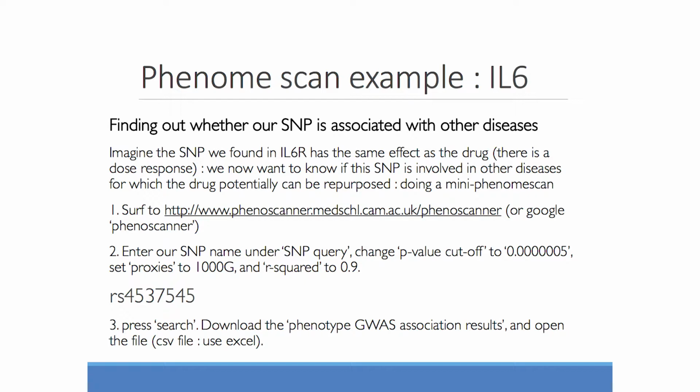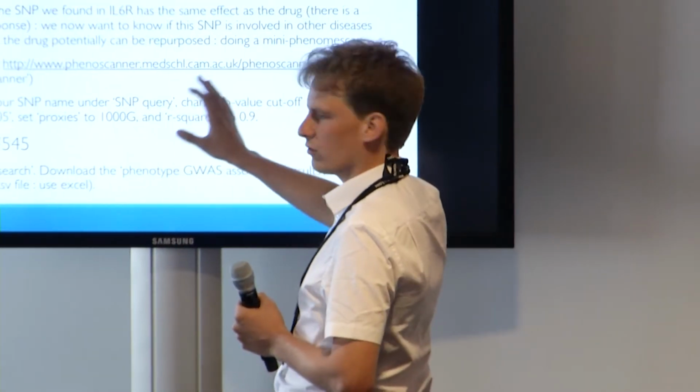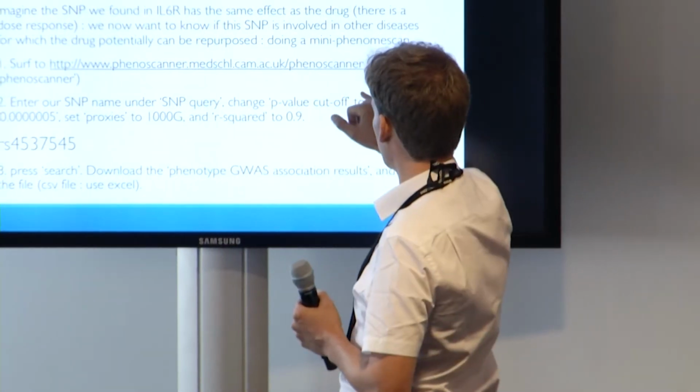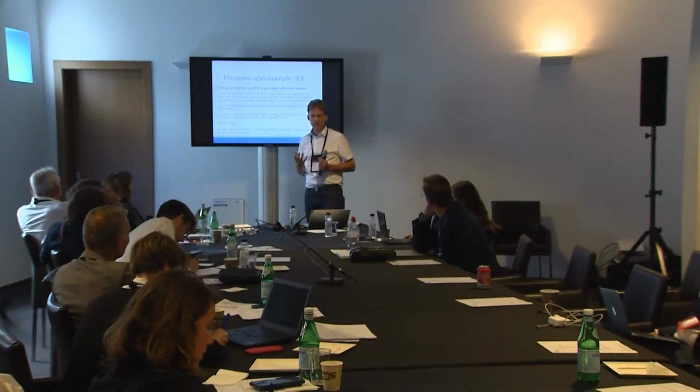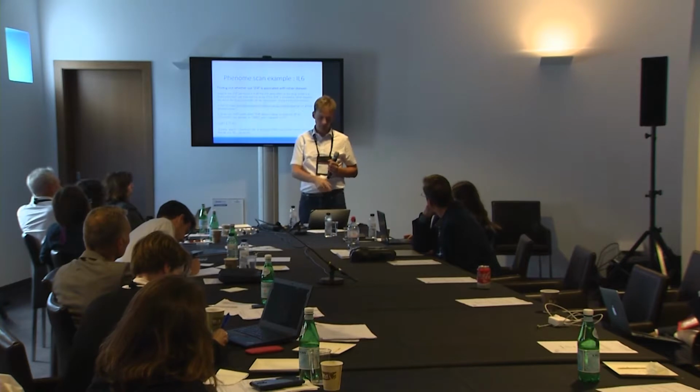Now we want to know if our SNP is actually associated with other diseases. For this, we use PhenoScanner. I would ask you to go to PhenoScanner, enter our SNP name, and then do the particular query with these settings. The idea is that we already know that this particular SNP is involved in rheumatoid arthritis.